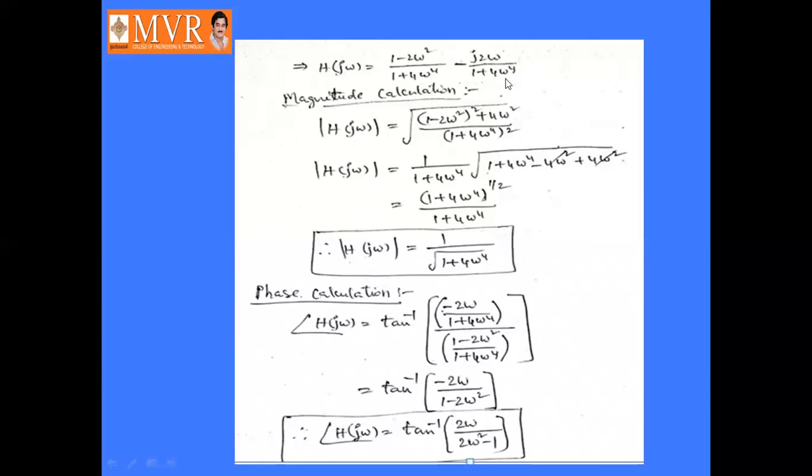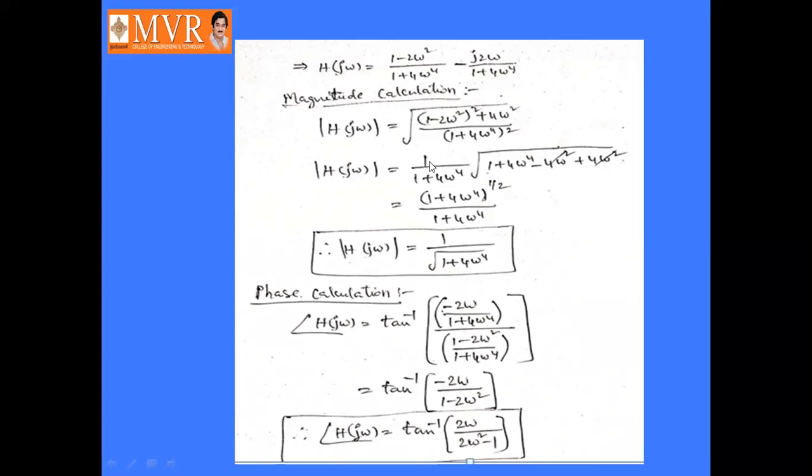So we have to calculate the magnitude and phase angles. So magnitude, taking the mod of H of j omega is equal to square root of a square plus b square. So 1 minus 2 omega square whole square plus 4 omega square by 1 plus 4 omega power 4 whole square.